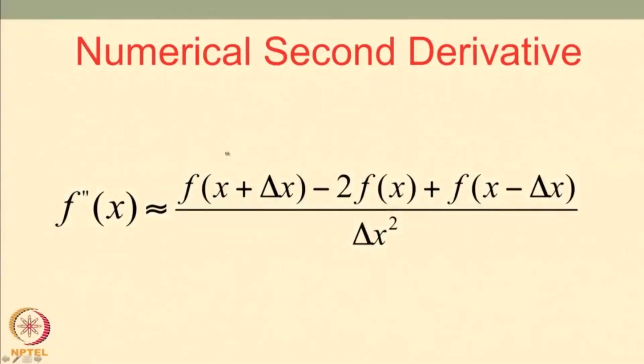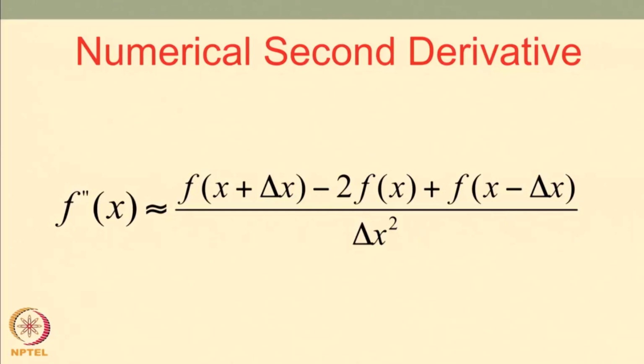So the numerical second derivative can be written as f of x plus delta x minus 2 times f of x plus f of x minus delta x, divided by delta x square. If I know the values of f at different points, what is known to me is just these f values.